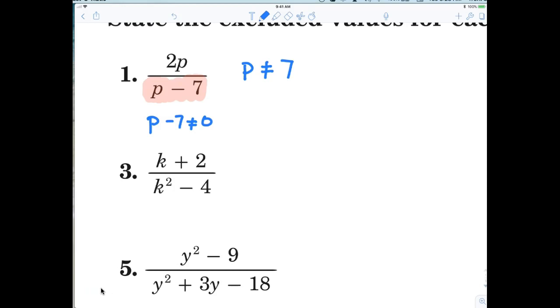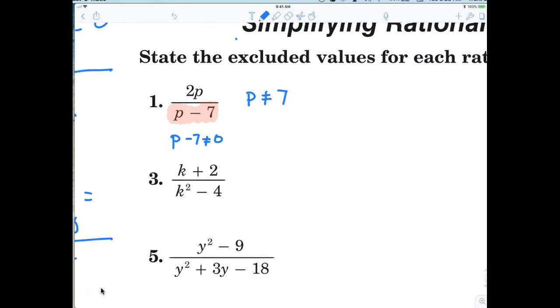So the excluded values, we also, if you recall, would talk about the domain here. So please look up and make sure you're hearing me. The domain is what could P be? P could be anything but what?